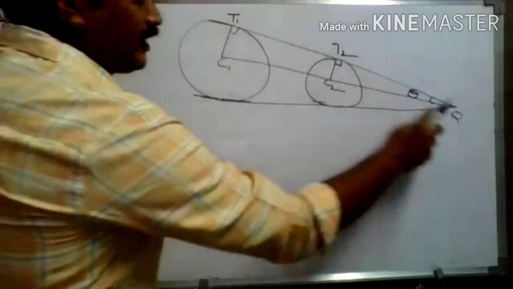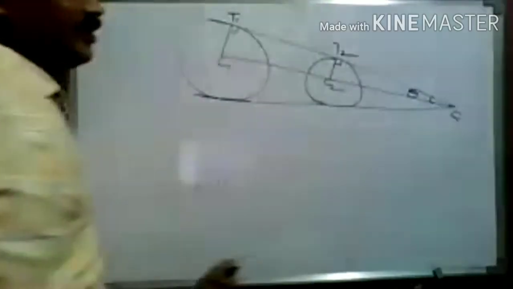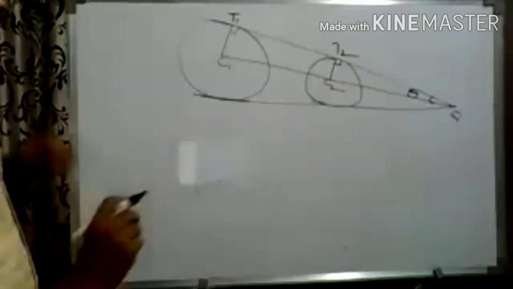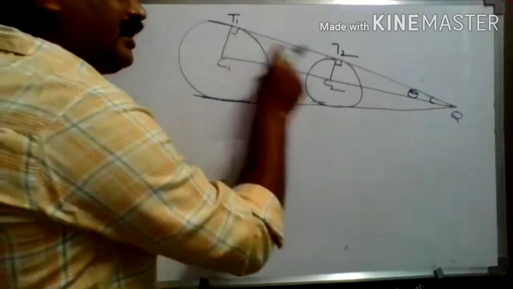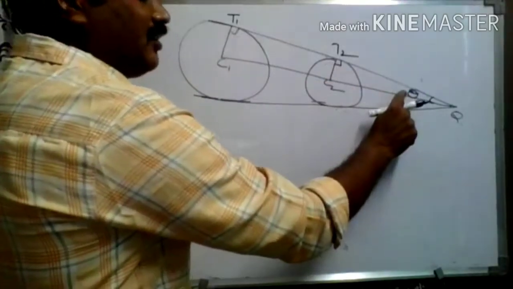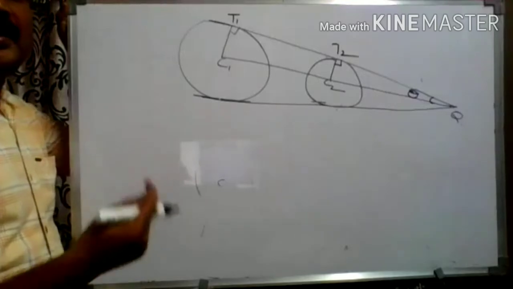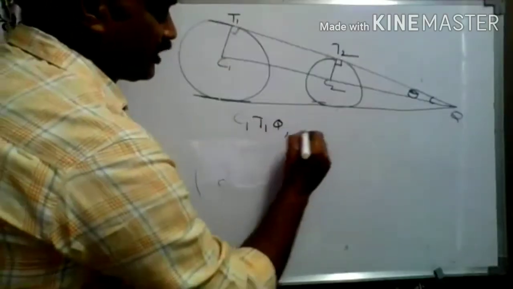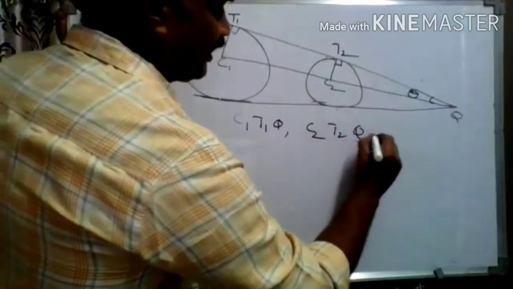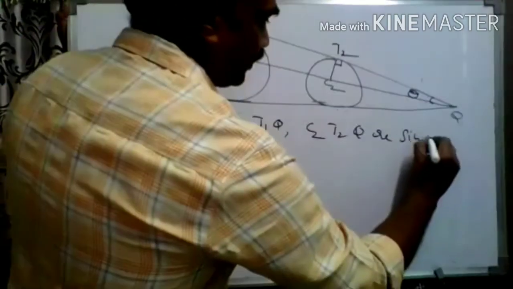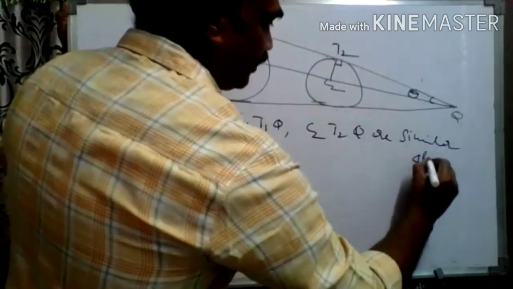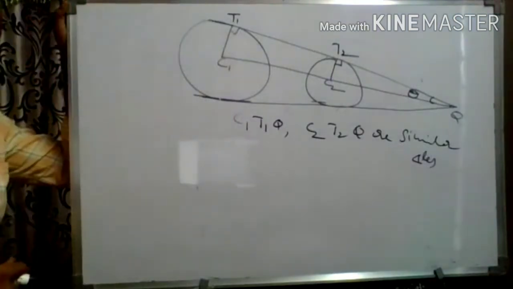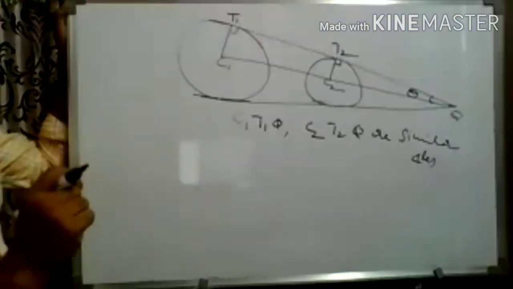Therefore C1T1Q and C2T2Q are similar triangles. In similar triangles, corresponding sides are proportional.